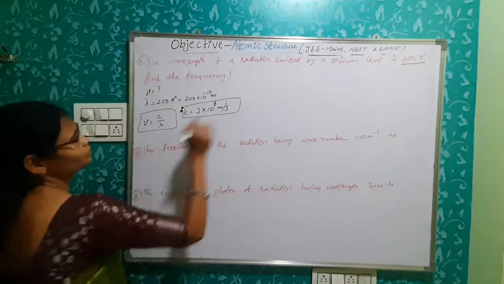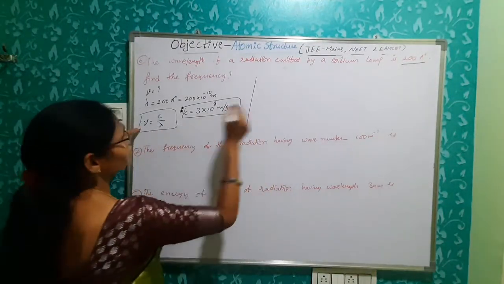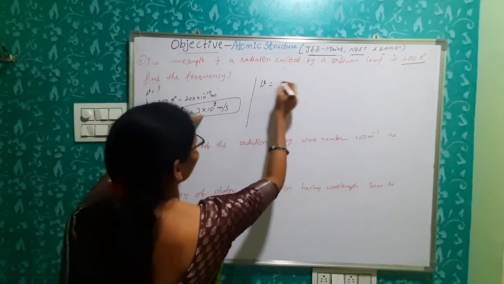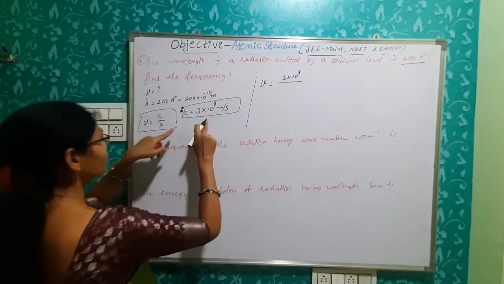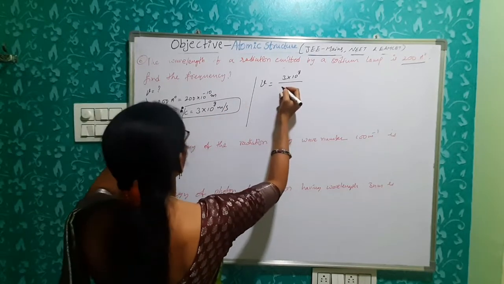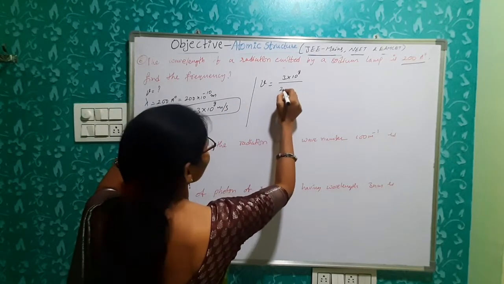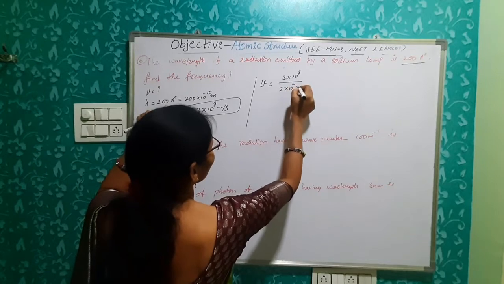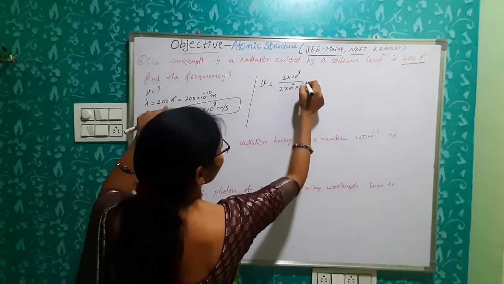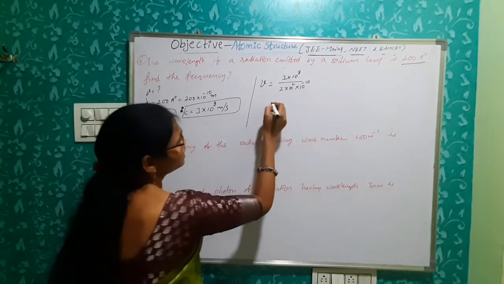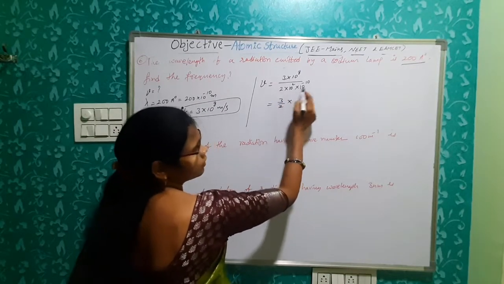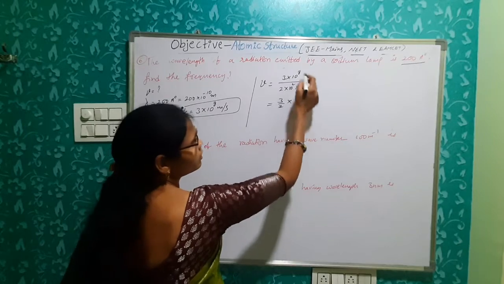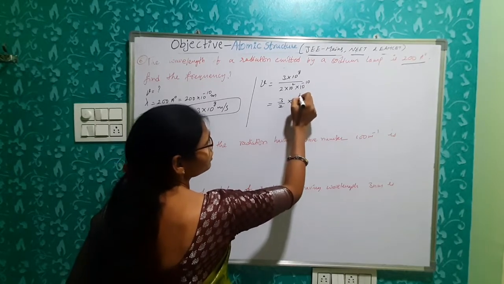Okay. Now substitute these values. Nu is equal to c, 3 into 10 power 8 meters per second. We have to remember this. Lambda is given as 200, meaning 2 into 10 square into 10 power minus 10. Now 3 by 2, here 10 power minus 10 will become 10 power plus 10 with the 10 square, giving 10 power 8 and then 10 power 8 plus 8, 10 power 16.